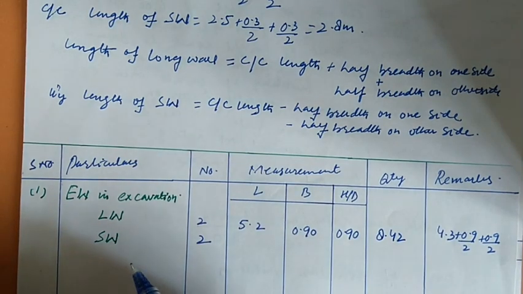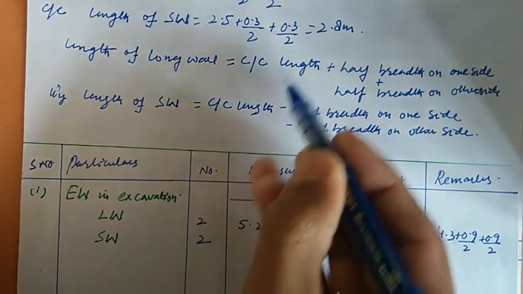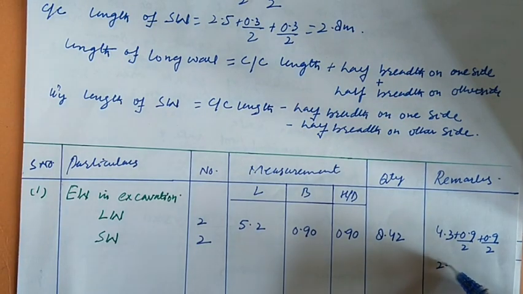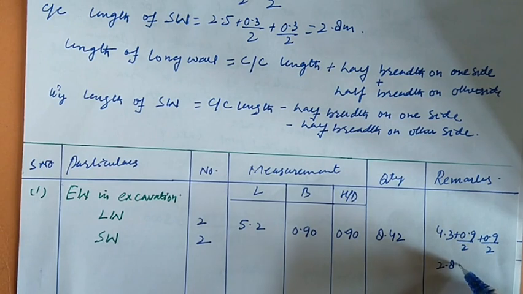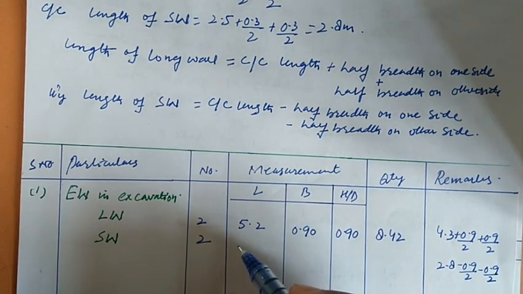So for short wall, center to center length, that is 2.8, we have to minus half the breadth of one side, that is minus 0.9 by 2 minus 0.9 by 2, it will be 1.90.